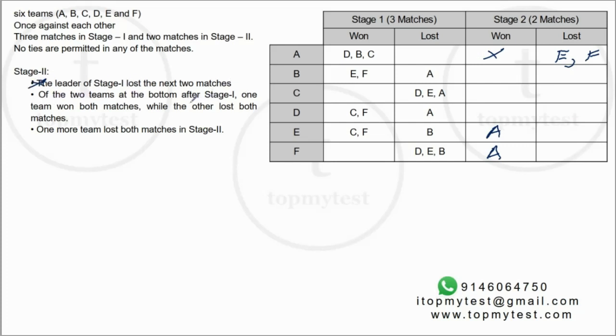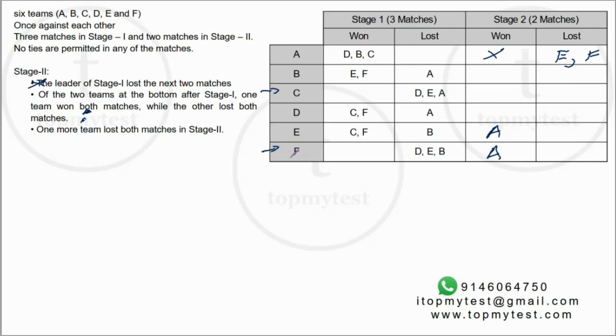Of the 2 teams at the bottom of stage 1, one won both the matches, other lost both the matches. Okay. Now F has won one of the matches, right? So it will also win the other match, because it says one of the 2 teams. C and F were bottom at the end of stage 1 because they had lost all their matches. One of them will win both the matches, other will lose both the matches, right?